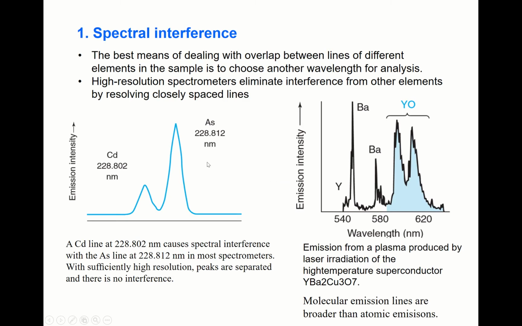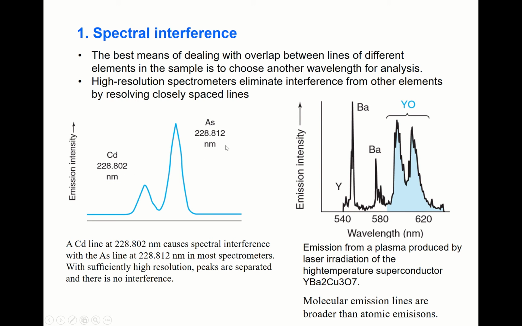Spectral interference. Let's look at this atomic emission spectrum. This is arsenic, the species of your interest. It emits electromagnetic radiation at 228.812. But when the sample contains cadmium, cadmium also emits radiation here, and its wavelength is very similar, 228.802.